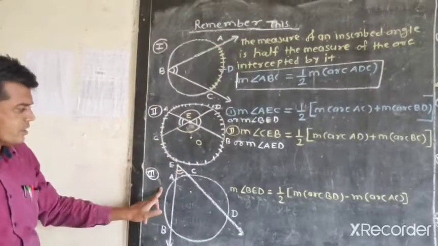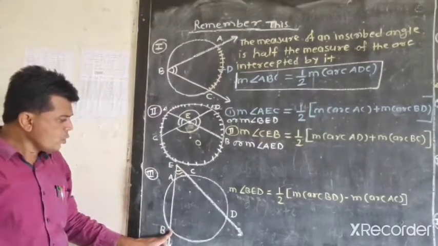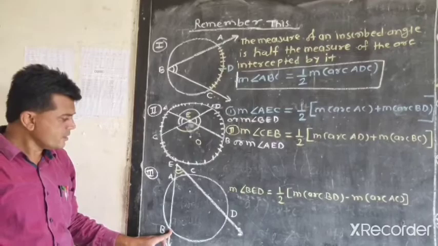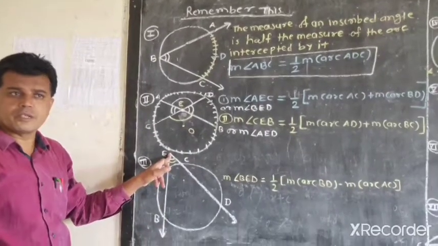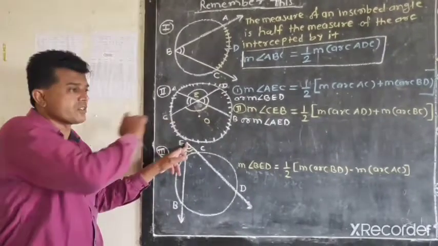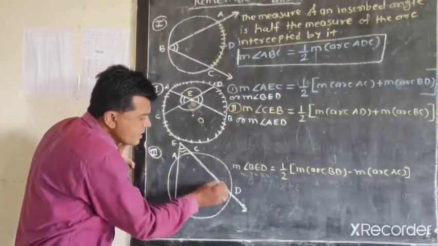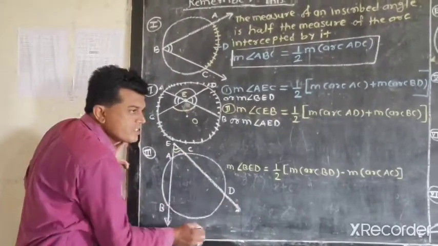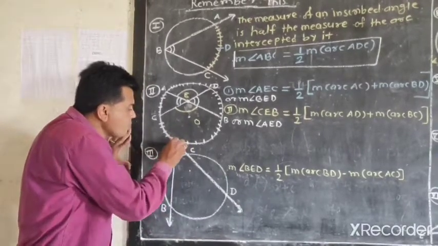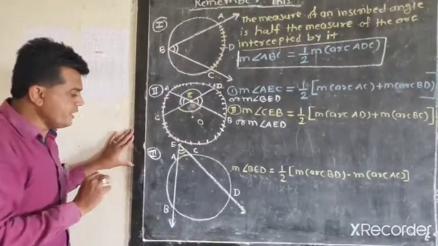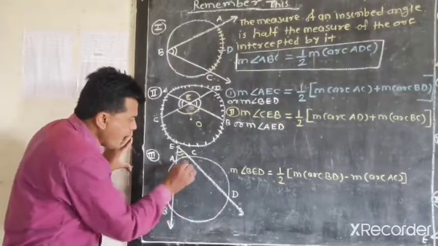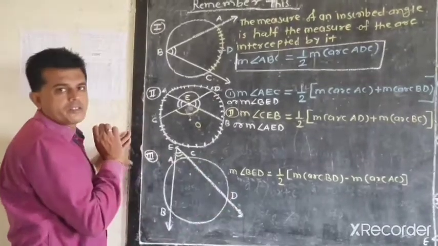And third, there are two rays intersecting at a point outside the circle. The first ray is AB and another ray is CD. Both are secants, and they intersect outside at point E. Then AB and CD are chords.